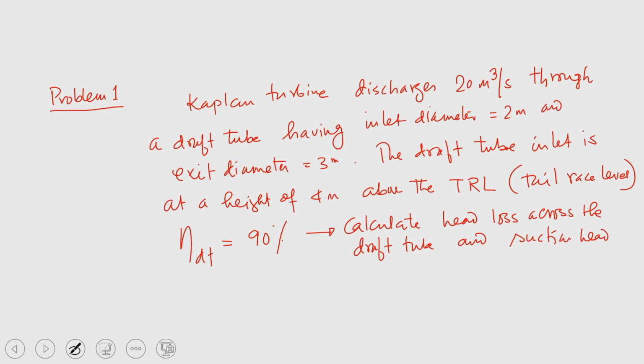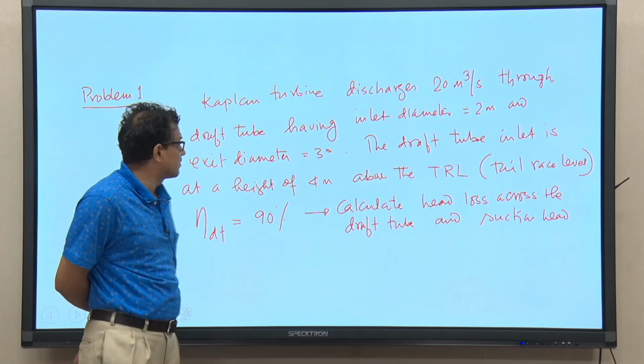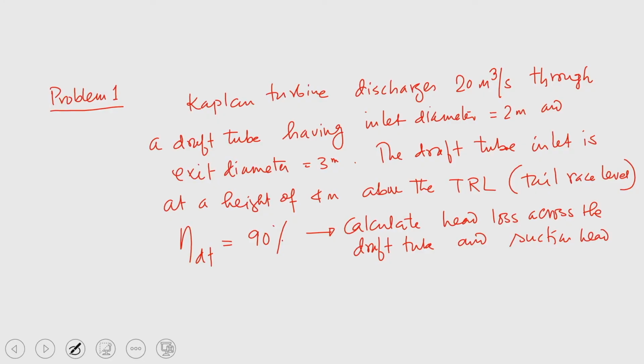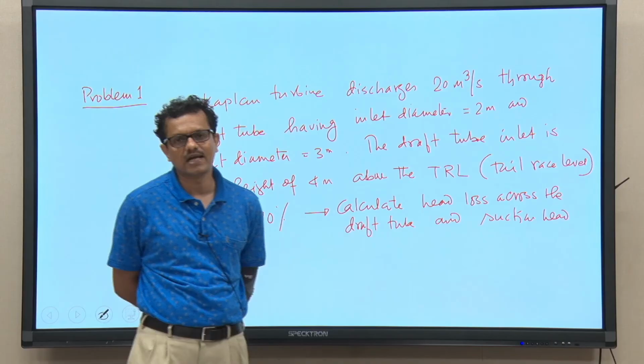You can see a Kaplan turbine, that is an axial flow reaction turbine, discharges 20 meter cube per second through a draft tube having inlet diameter 2 meter and exit diameter 3 meter. The draft tube inlet is at a height of 4 meter above the TRL. Efficiency of the draft tube is given as 90%. We have to calculate the suction head, that is P2 by rho g at the inlet to the draft tube, and also the head loss across the draft tube.